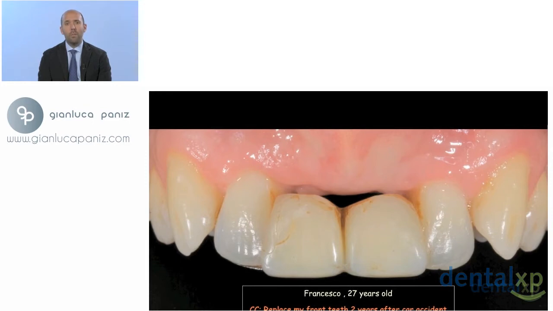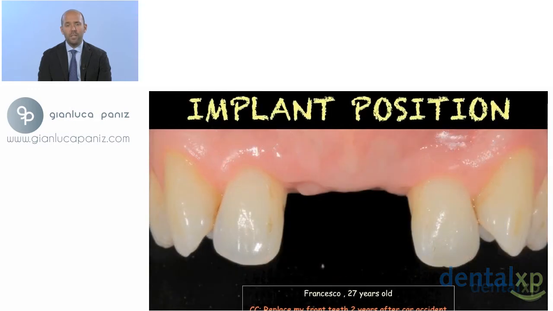When Francesco presented to our attention, he had a problem because he had a car accident and lost the two central incisors. The key starting point is that we have to know exactly where to position our implant. So implant position is the starting point of all the treatment.